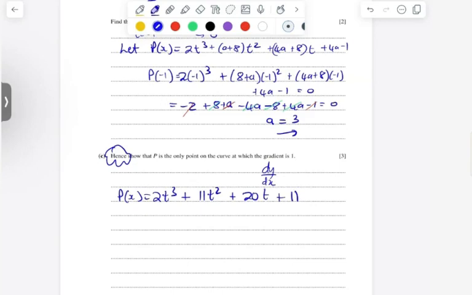So that's my polynomial. Hence show that P is the only point on the curve at which the gradient is 1.